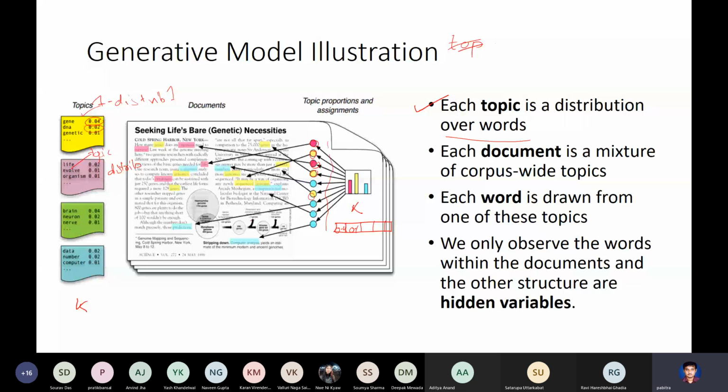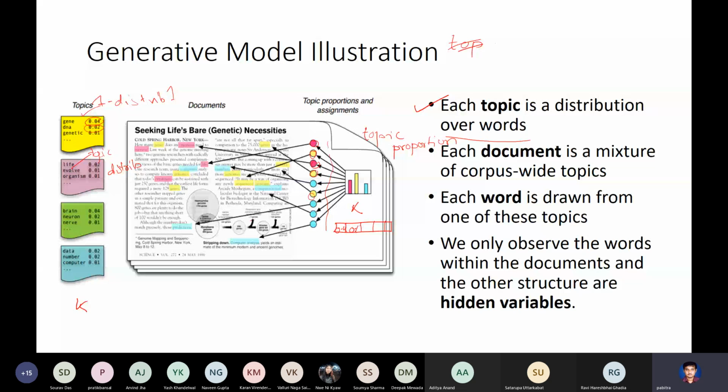Okay, so this I would call a topic proportion. Note that any particular topic proportion can also be thought of as a distribution over the topics. So this is a k-dimensional vector with values 0.4, 0.1 like this.